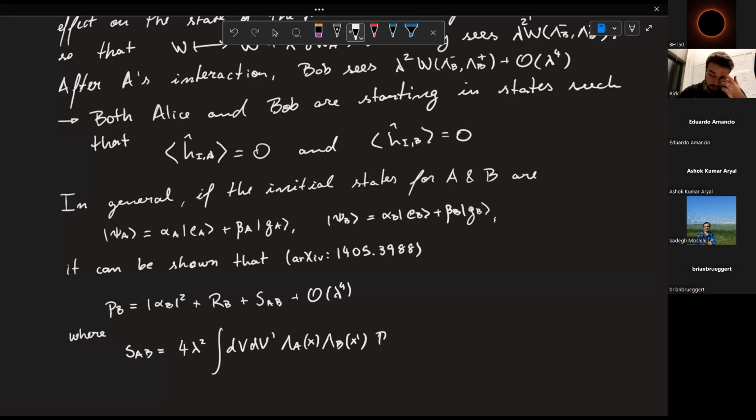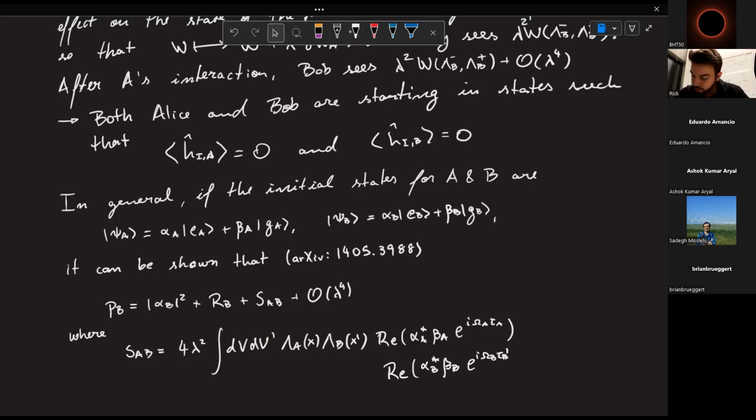Now there's a term which combines the alpha and beta coefficients for Alice, e to the i omega A tau A. This will be multiplying the real part of something which mixes the alpha B and beta B, and then e to the i omega B tau B prime.